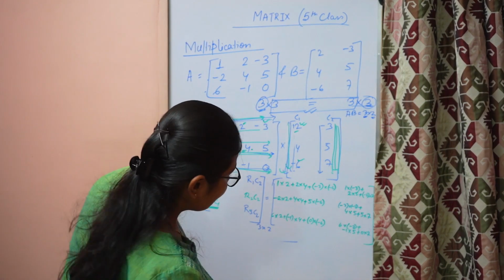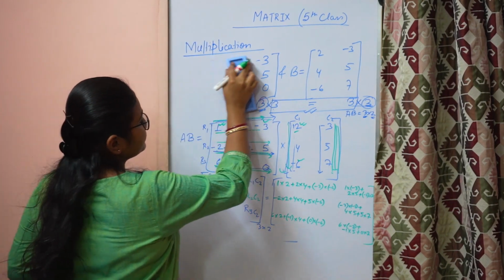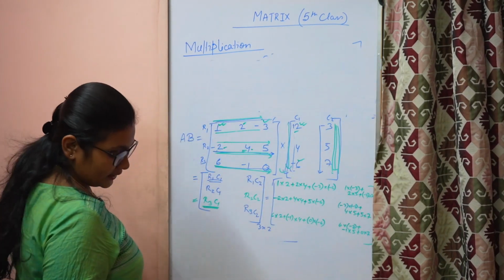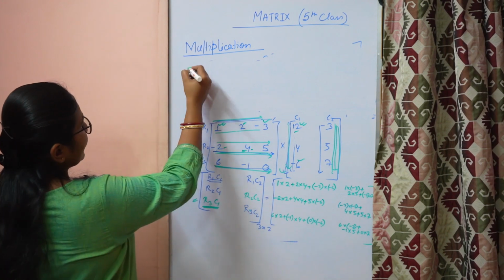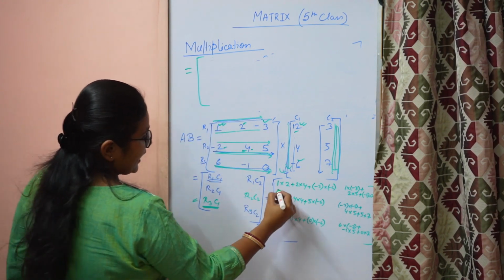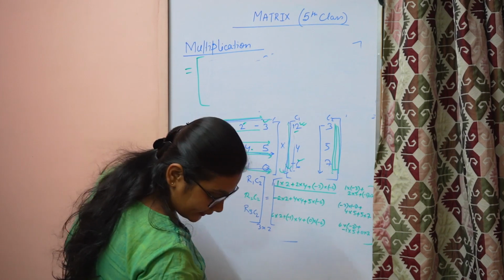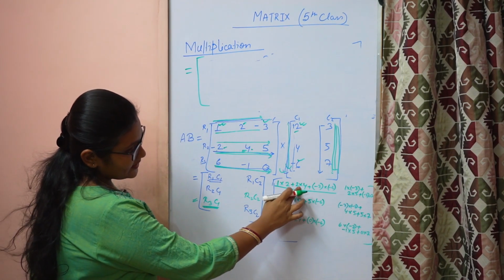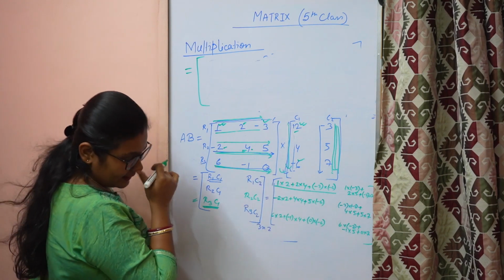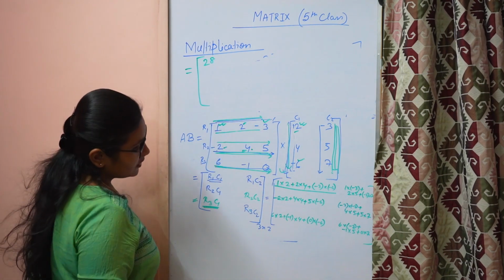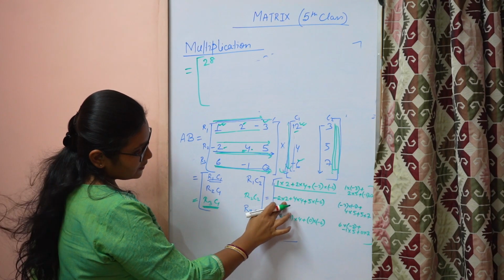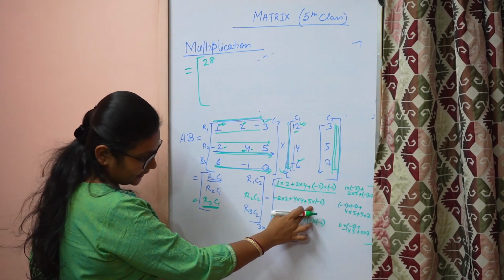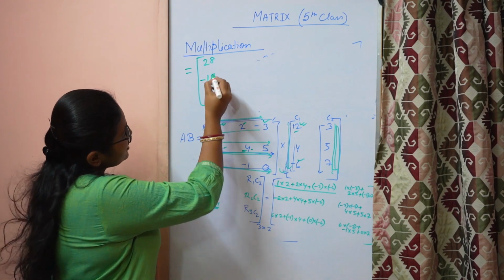If you multiply it, what will you get? With this calculation, you get 2 plus 8 plus 18, that means 28. Then minus 4 plus 16 minus 30, that means minus 18.